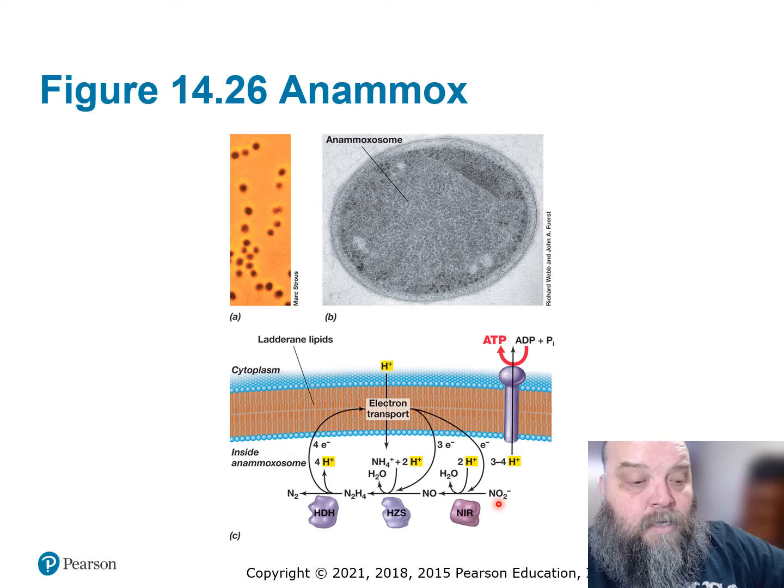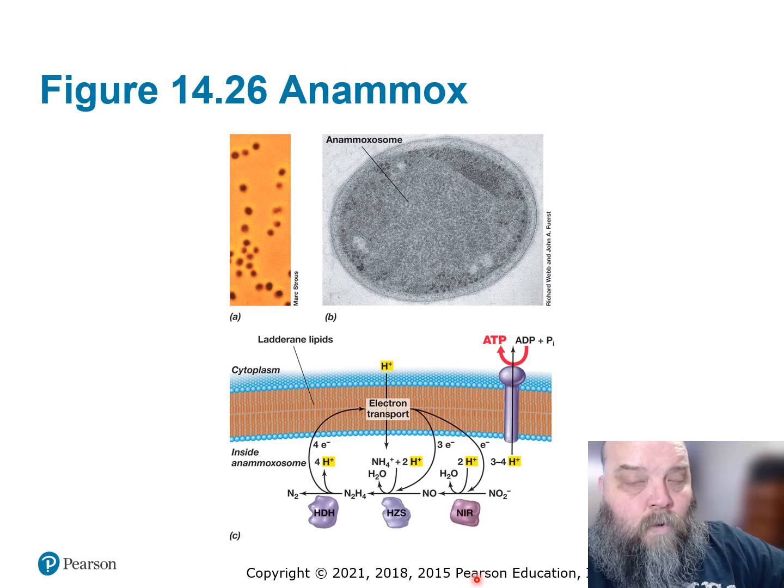Nitrite to nitric oxide: 1 electron, 2 hydrogens being fed in. Nitric oxide to hydrazine: 3 electrons, 2 hydrogens being fed in. 1 plus 3 is 4, and 2 plus 2 is 4 hydrogens.